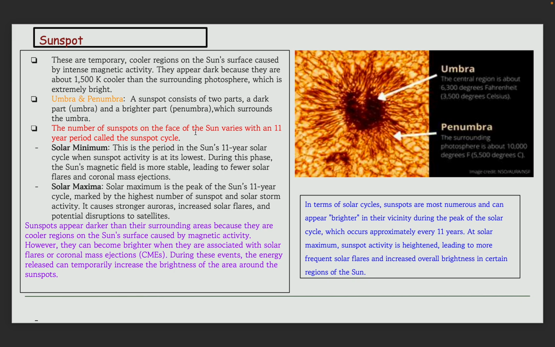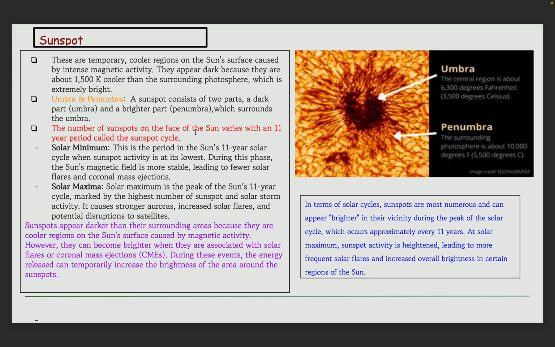The number of sunspots on the face of the sun varies within an 11-year period, that is called the sunspot cycle. Solar minimum and solar maximum are two terms you often see about sunspots. Solar minimum is the period in the 11-year solar cycle when sunspot activity is at its lowest.